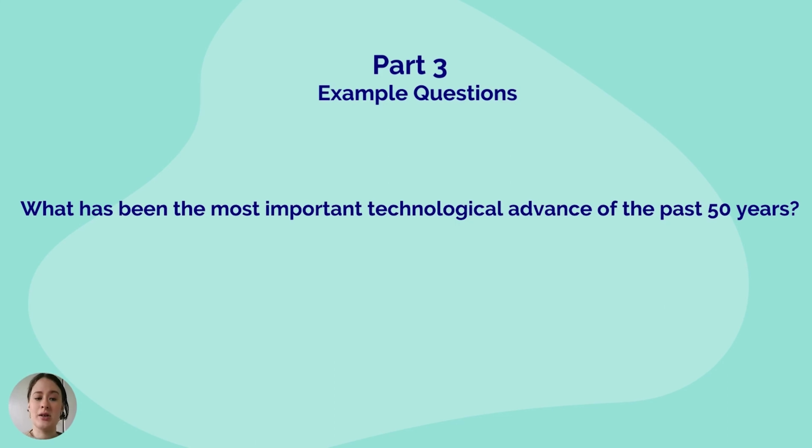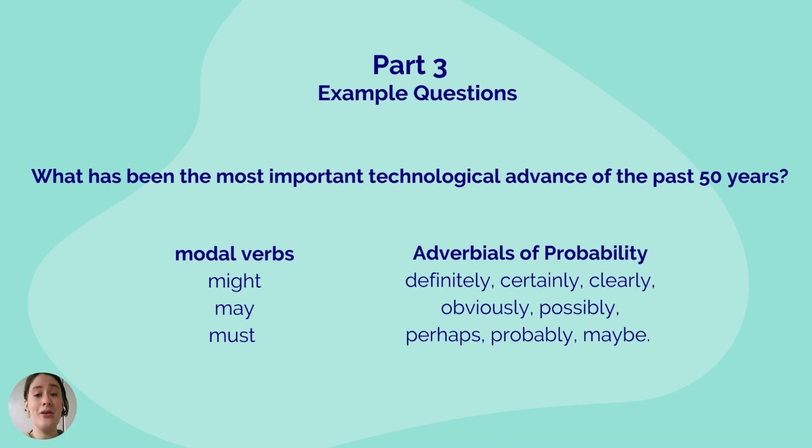Now, let's take a look at another question. Our question is, what has been the most important technological advance of the past 50 years? Now, think about what different grammar points come to mind when you see this question. Remember, our question is, what has been the most important technological advance of the past 50 years?